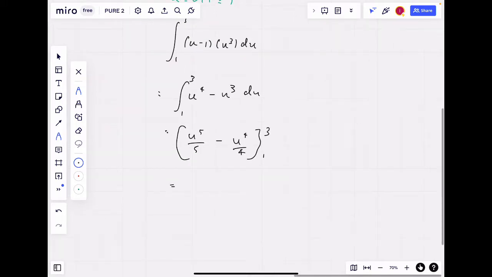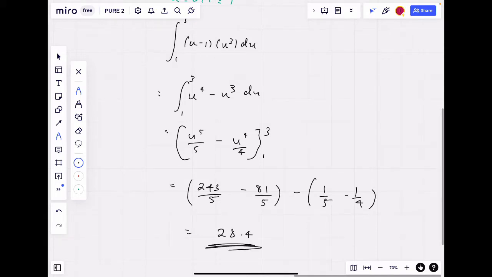So 3 to the power 5, 243 over 5 minus 81 over 5. So that's me plugging in 3. And then 1 over 5 minus 1 over 4. So final answer would be 28.4. Okay, that's that one done.